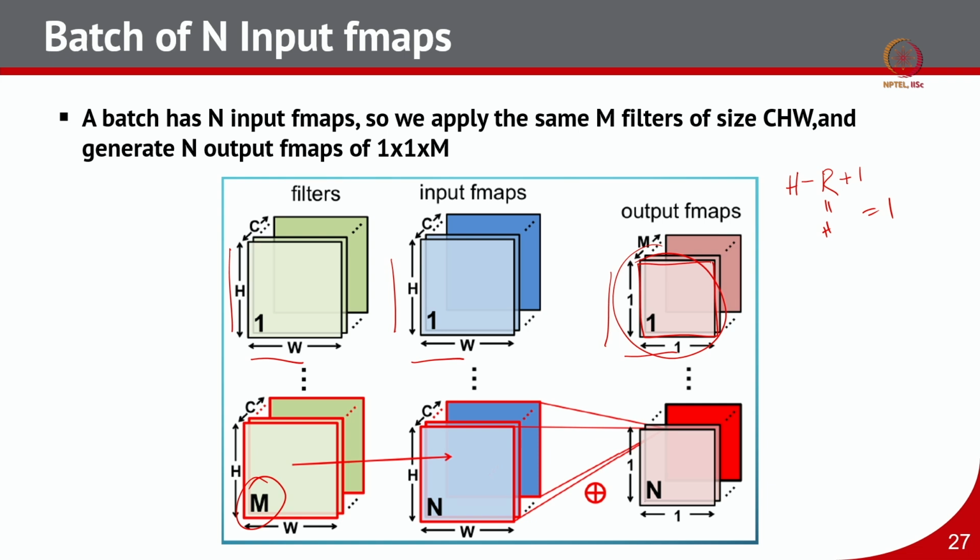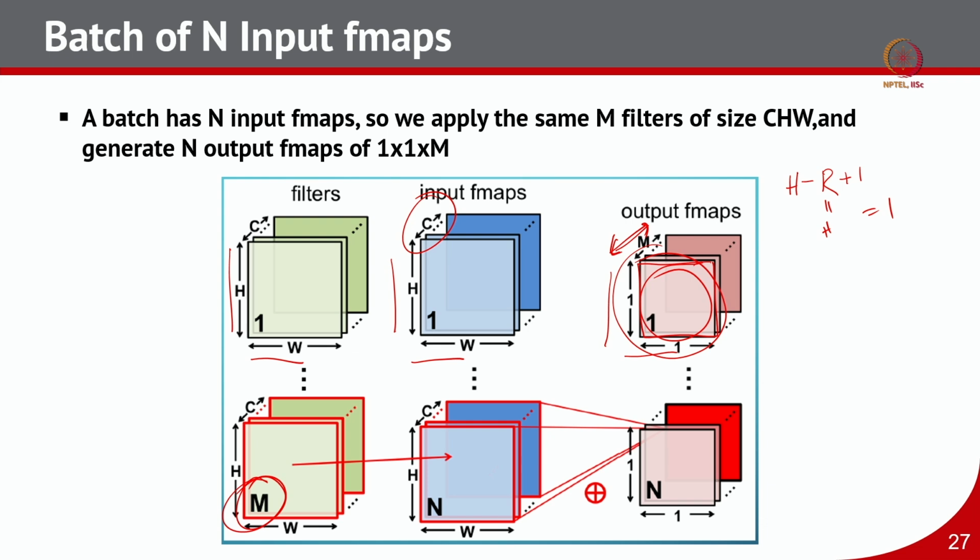Since we have m filters, we have m channels in the output feature map. So, remember, we had C channels, but all those C values which we get from the convolution of the h by w filter with the h by w image, you will get one value for each channel, and then all those values will get added to produce one number, which is nothing but this 1 by 1 value. Now, since we have m filters here, we have a total of m channels in the output feature map, right, and this is how fully connected layers operate.